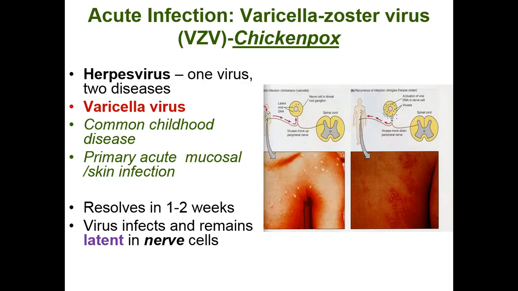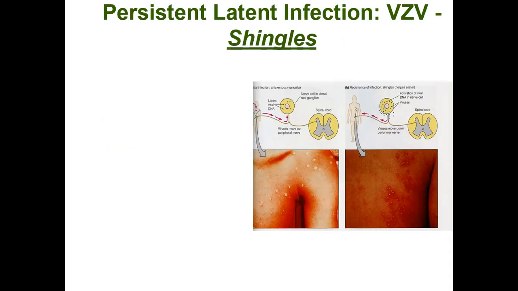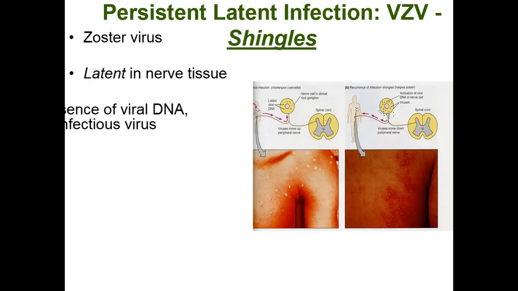In nerve cells, virus remains latent. So, varicella virus causes skin or mucosal infection. The clinical signs and symptoms of the disease will go away. However, the virus remains latent in nerve cells, which leads to a persistent latent infection called shingles.